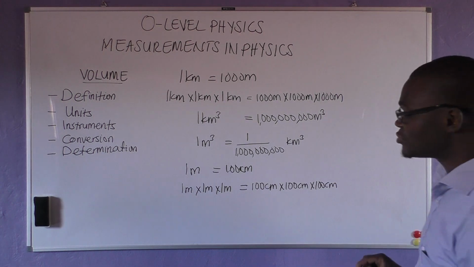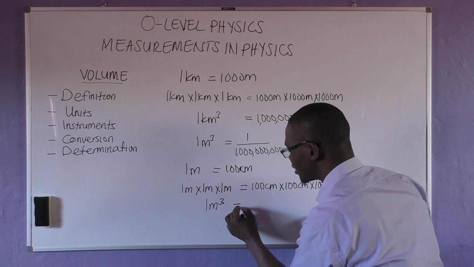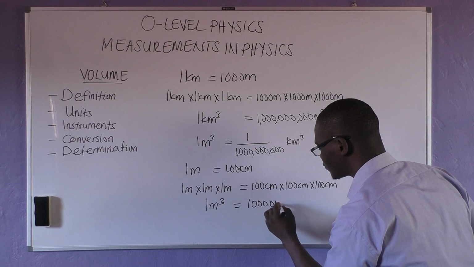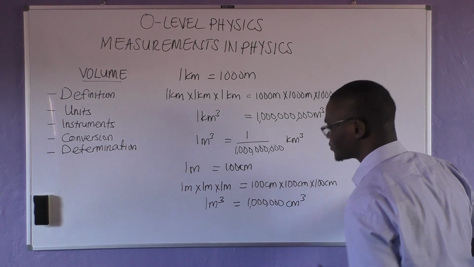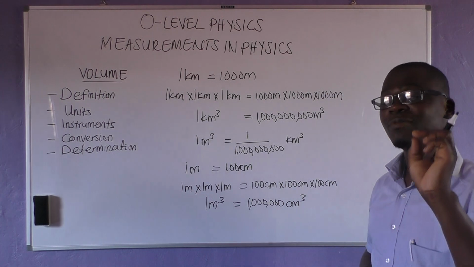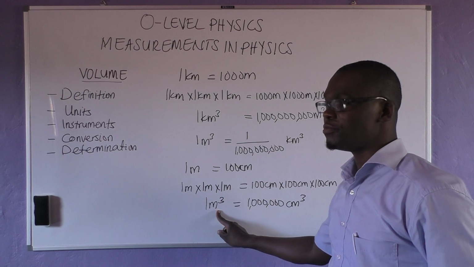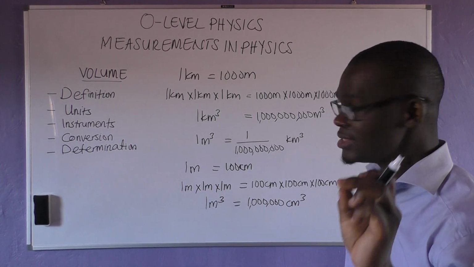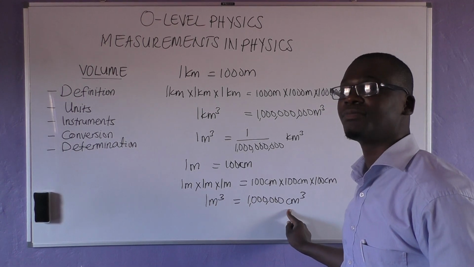So that gives me 1 meter cubed being equivalent to 1 million centimeter cubed. So if I'm to convert from meter cubed to centimeter cubed, I'll multiply my values by 1 million.